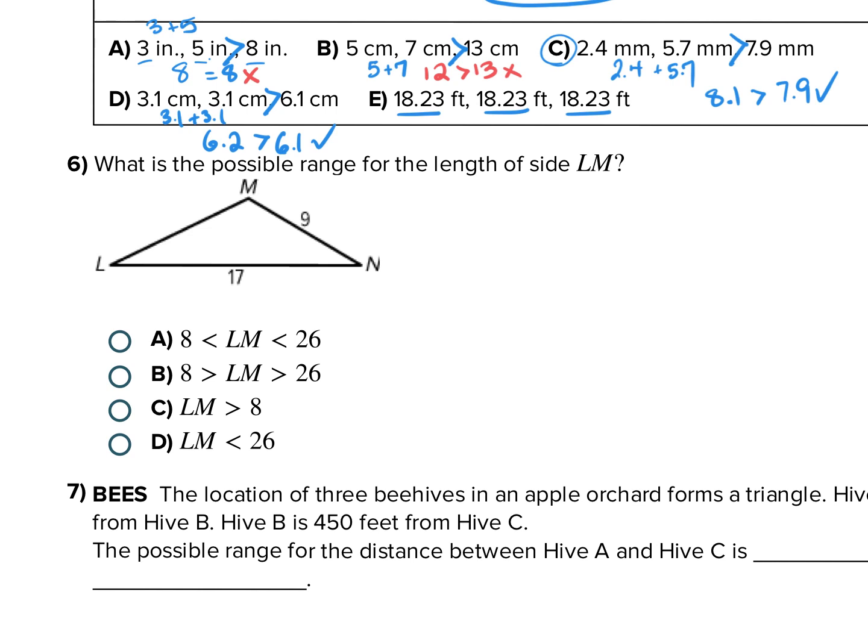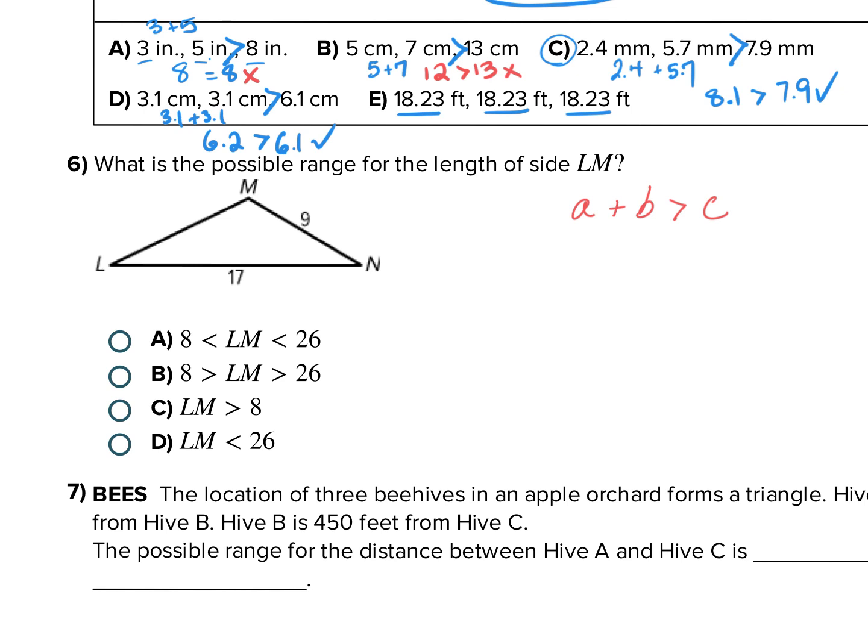In number 6, it says, what is the possible range for the length of our third side here? Now, we're still going to be using this inequality where my two smaller sides have to be greater than my third side.